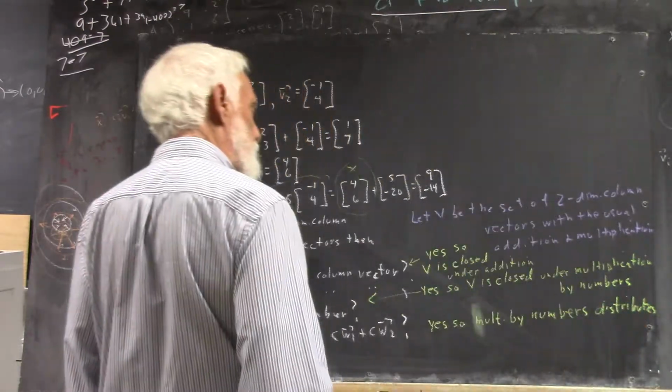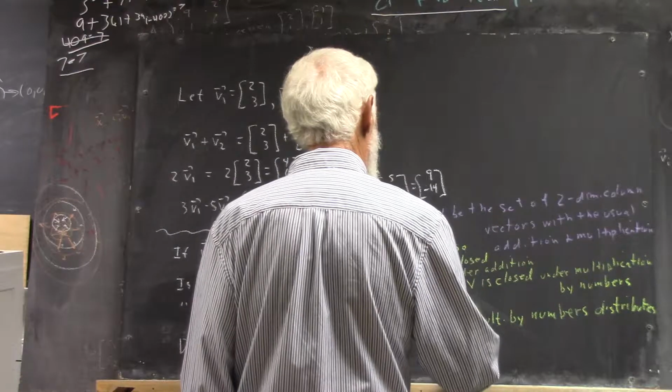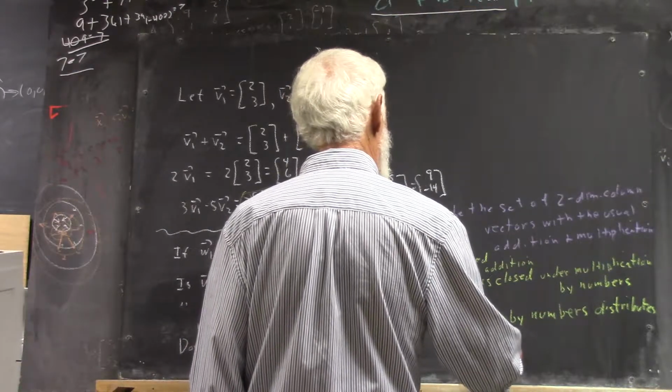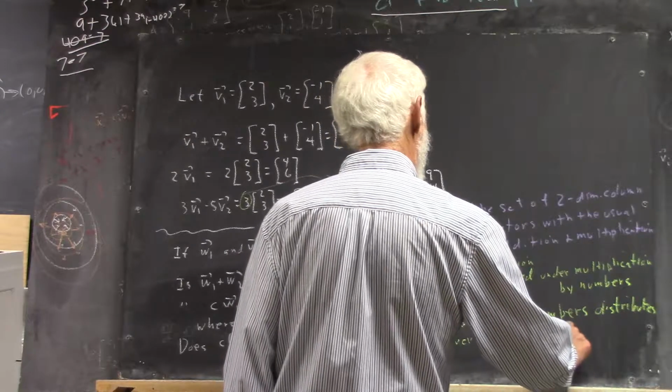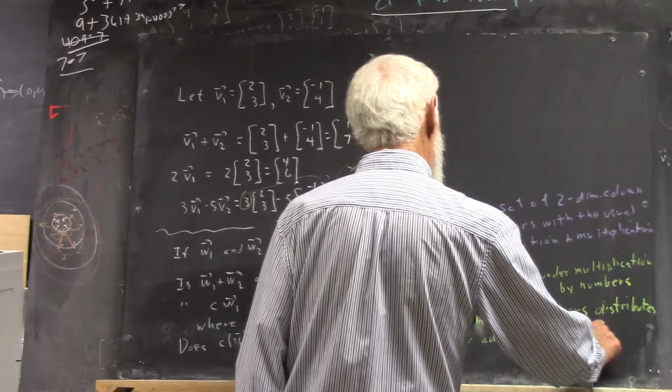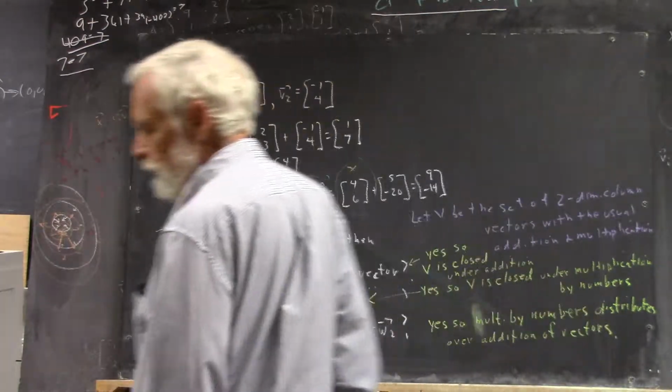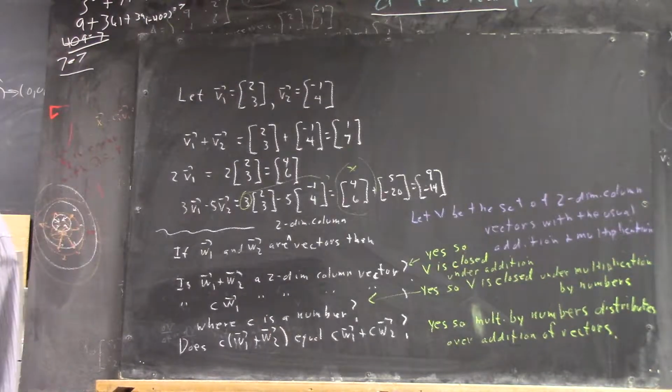So multiplication by numbers distributes over addition of vectors. Okay?